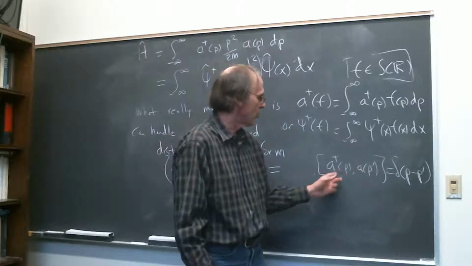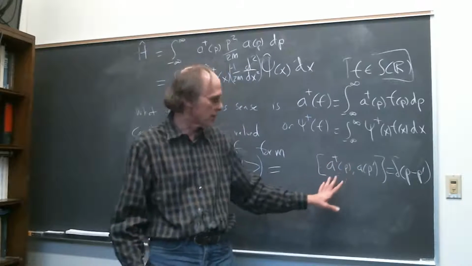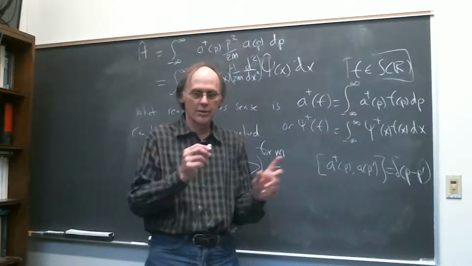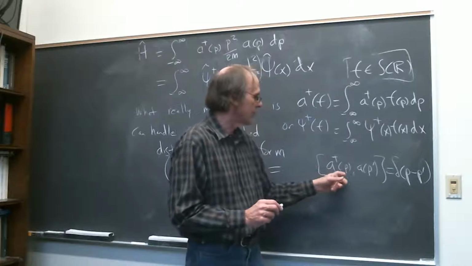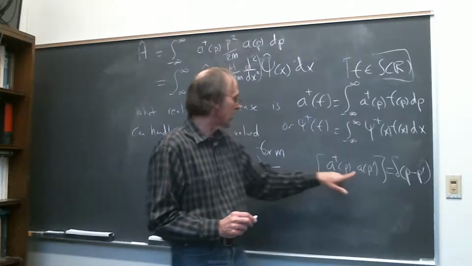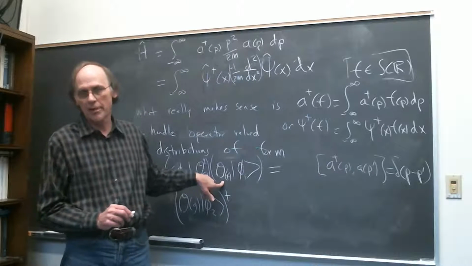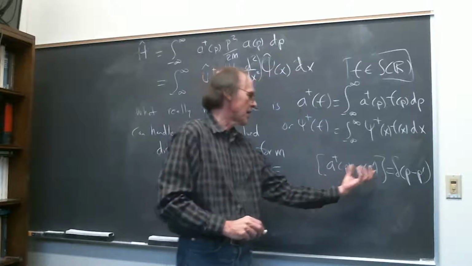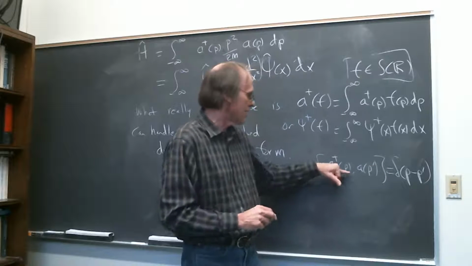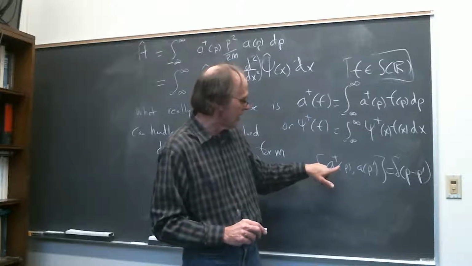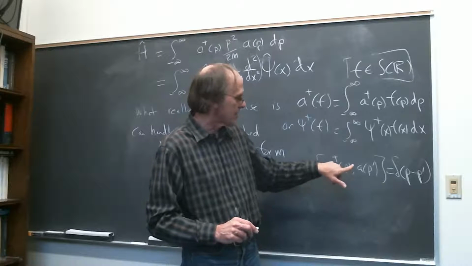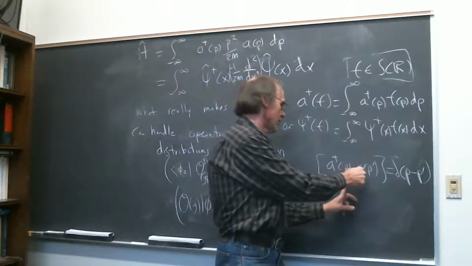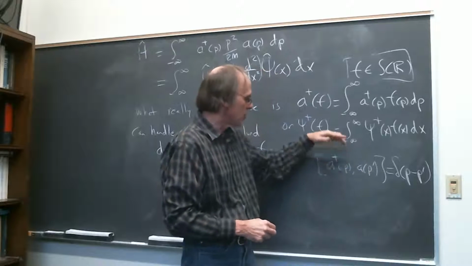So if you want to think about, again, this is part of the story: what sense does it make to multiply two of these guys? Well, you can make sense of multiplying two of these guys using this method, and the basic property they have is that the answer you get, if you take this distribution times this distribution minus them in the opposite sense, you end up with something.